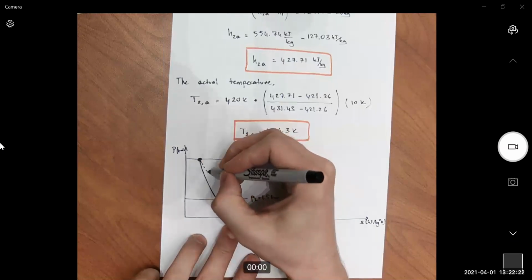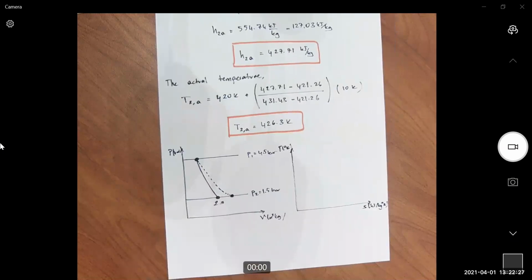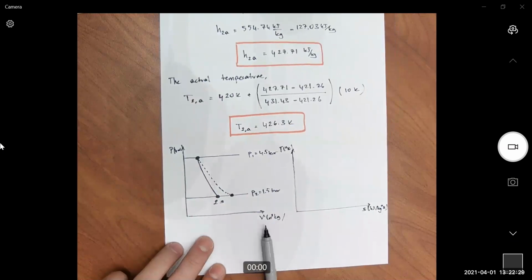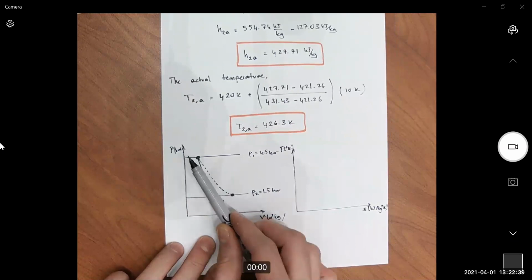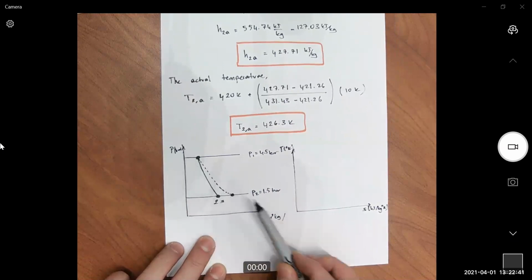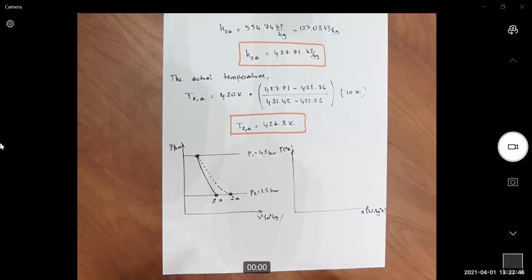For an actual case, it moves forward irreversibly. This is the deviation between the ideal case and the actual case. You can double check your specific volume value on the table, or calculate it using PV equals RT to double check where you are.